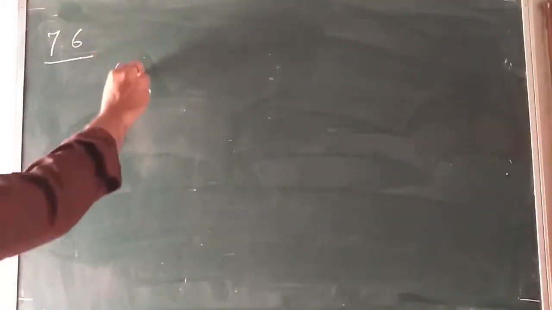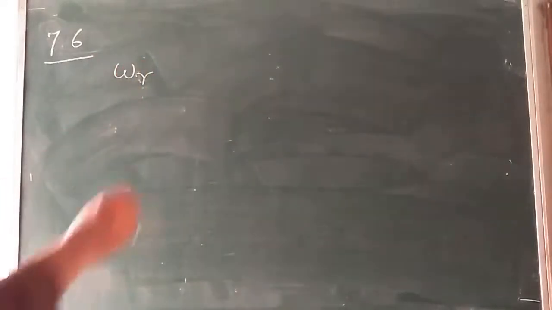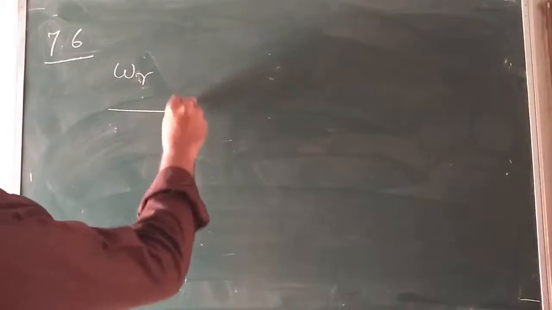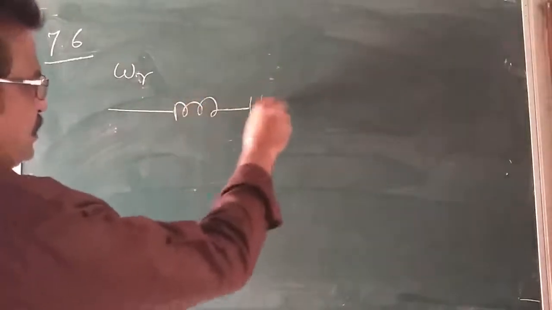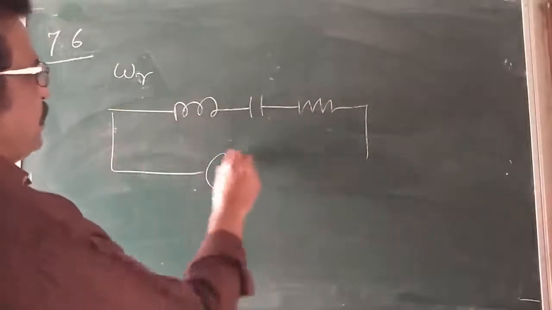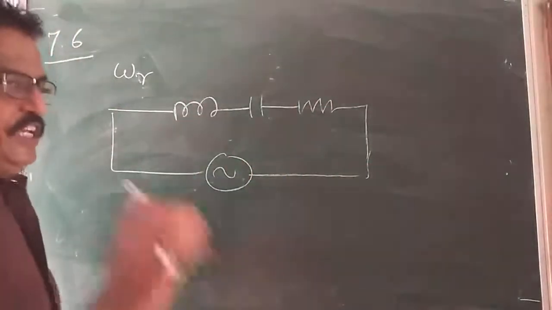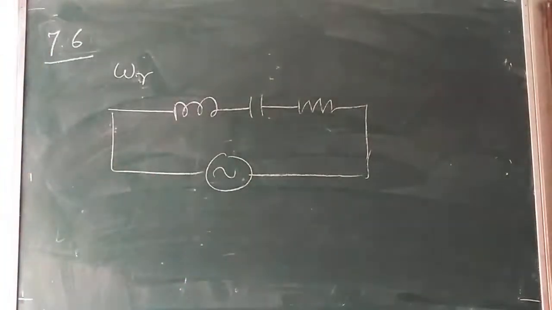Obtain the resonant frequency omega R of a series LCR circuit. Here series LCR circuit L, C and R. Here is the alternating current source of EMF, say E is equal to E naught sin omega t.